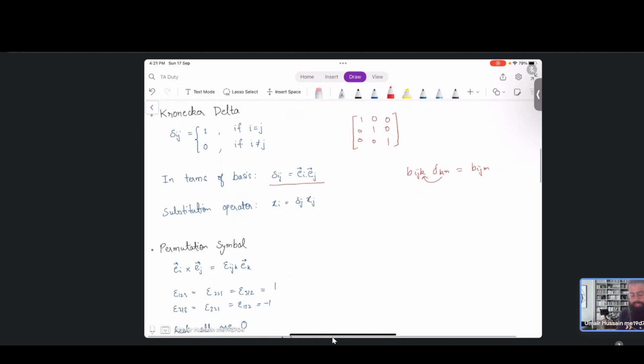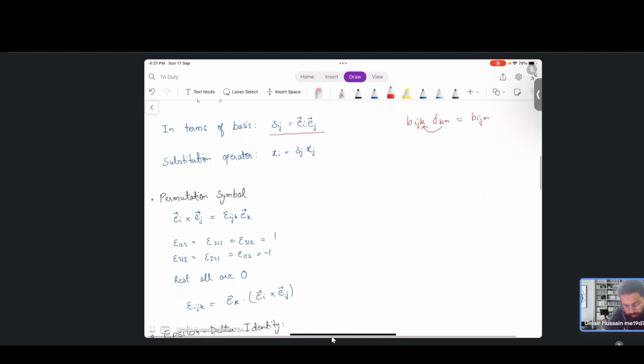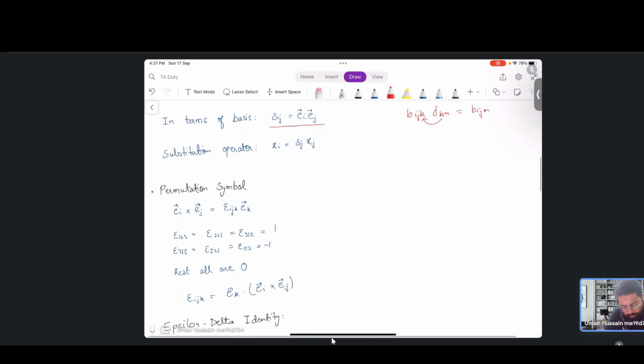And then next we have a permutation symbol, also known as Levi-Civita symbol. This is defined through the cross product of the basis, ei cross ej. This is the actual definition of Levi-Civita symbol.